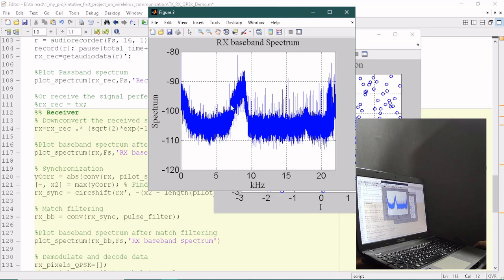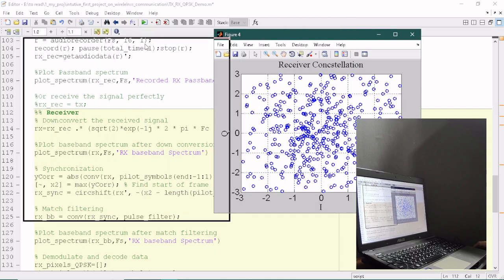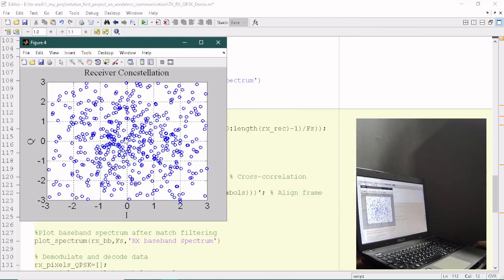So you can see that the signal is very attenuated, and we can rarely see any power at the baseband. So just by simply seeing the constellation, we can have some feeling that maybe we will not receive the signals or the images perfectly this time.